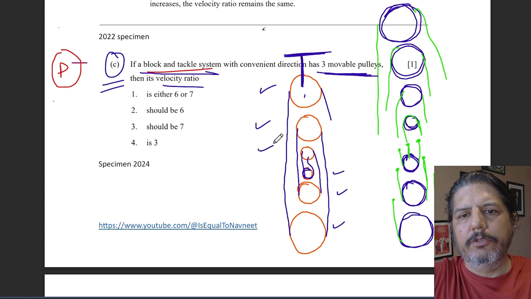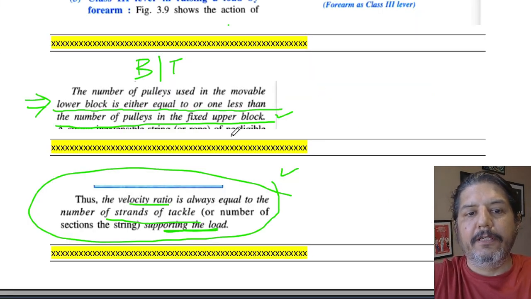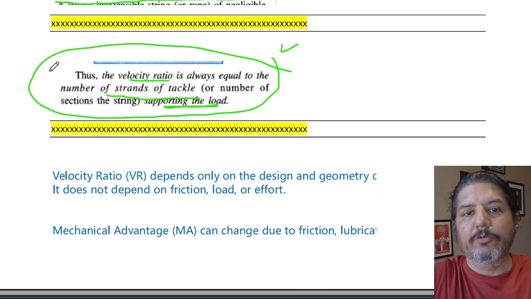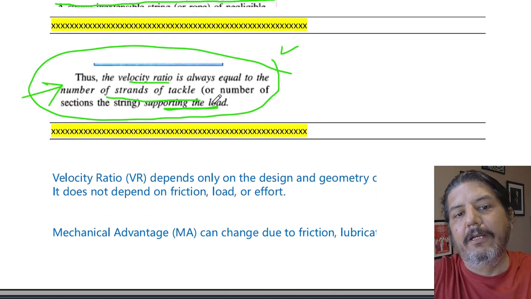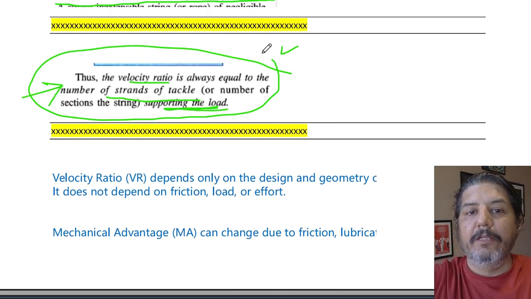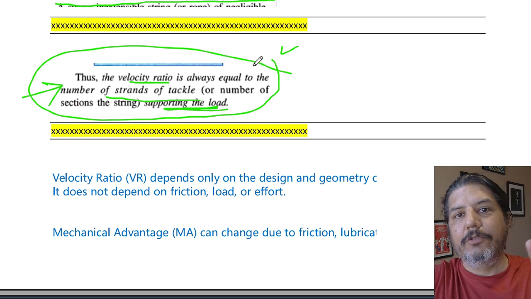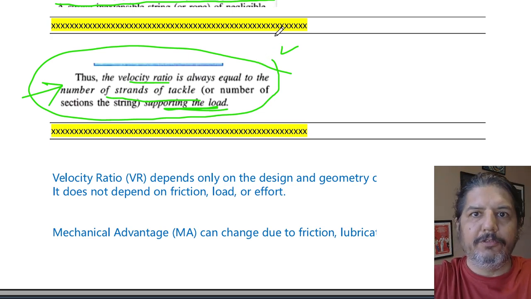1, 2, 3. Now in this case, there is a second line which you need to understand: the velocity ratio is always equal to the number of strands of tackle supporting the load. So the velocity ratio would always be equal to the strings which are supporting the load.